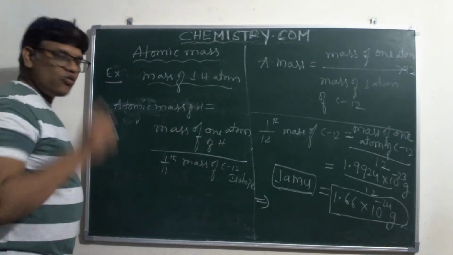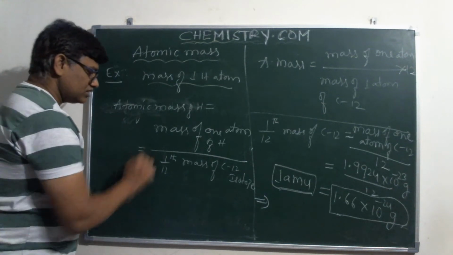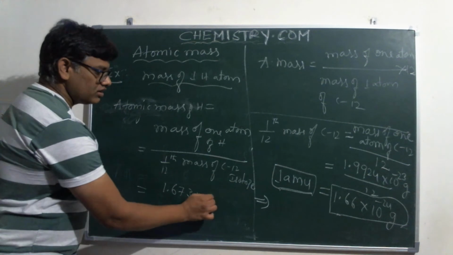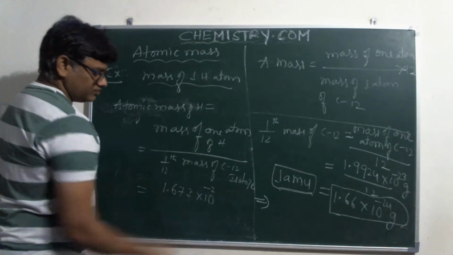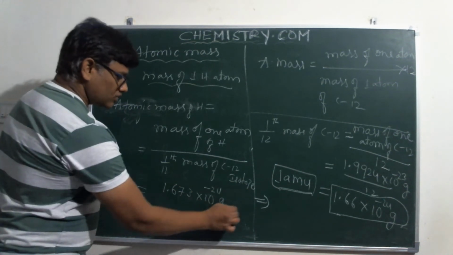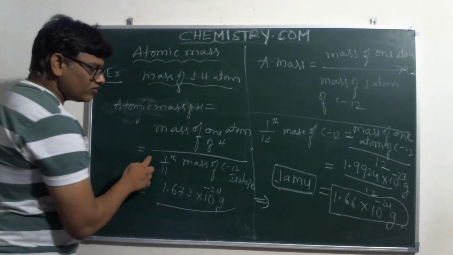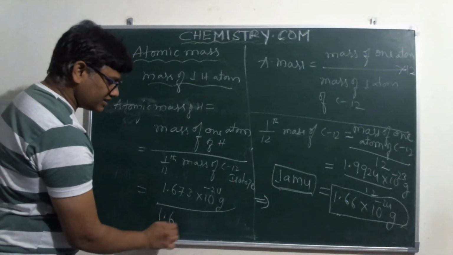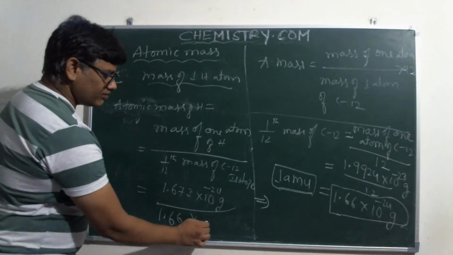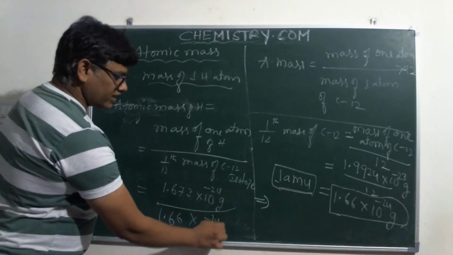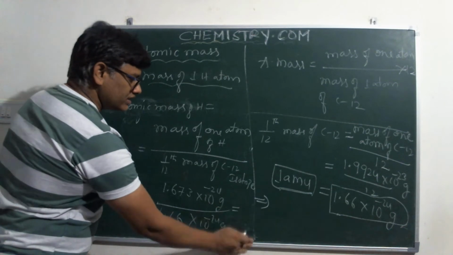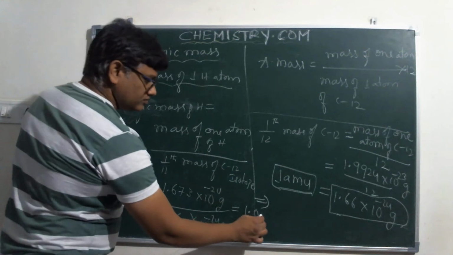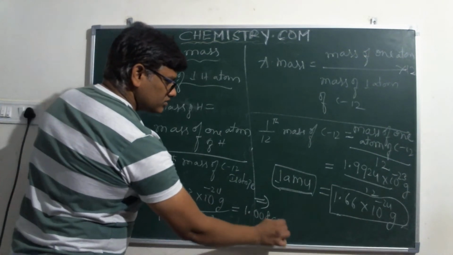The mass of one hydrogen atom is 1.673 into 10 power minus 24 grams over 1/12 mass of carbon 12 isotope, which we just calculated as 1.66 into 10 power minus 24 grams. On calculation you will get 1.008 AMU.